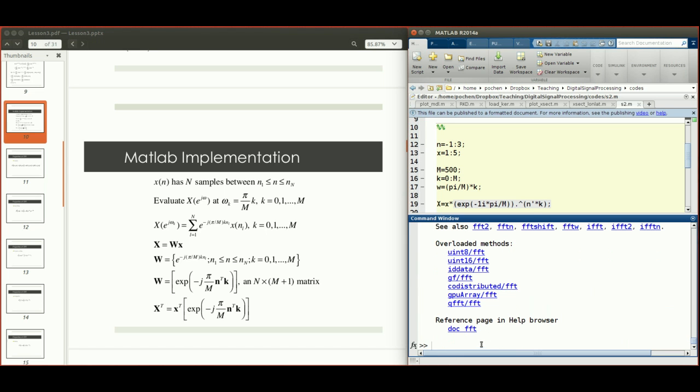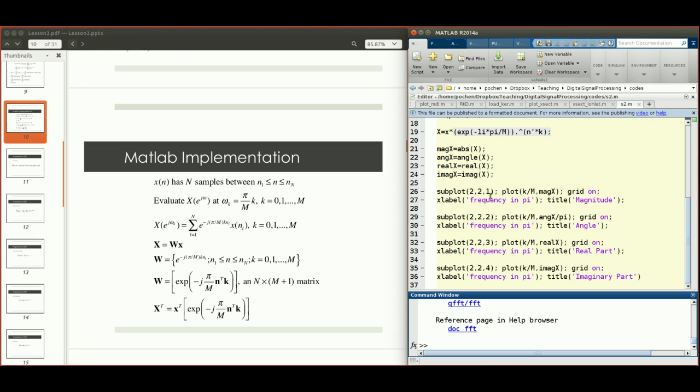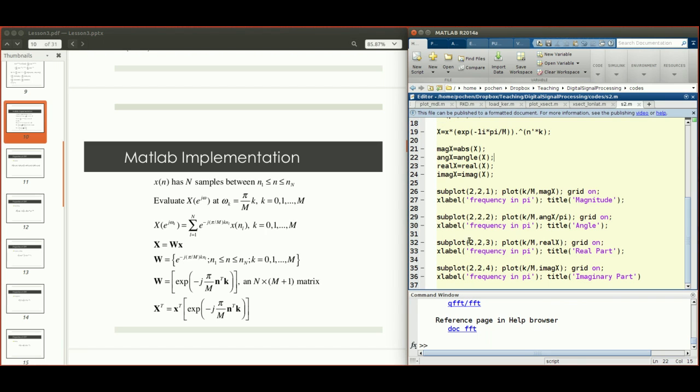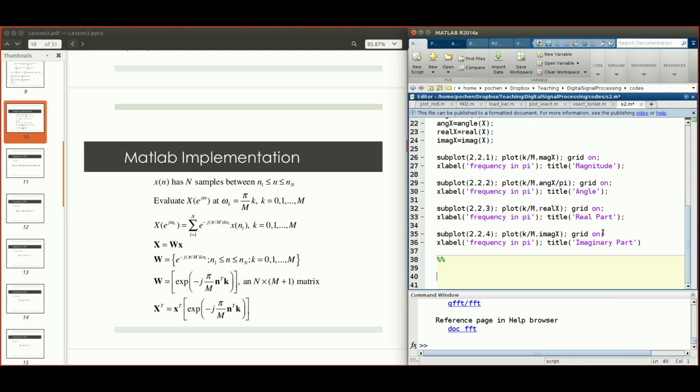So now let's write some code, and we're still going to use the same example. But instead of using our own DFT code, we're going to call Matlab's fft function to do our transform. Maybe I should just add another section.